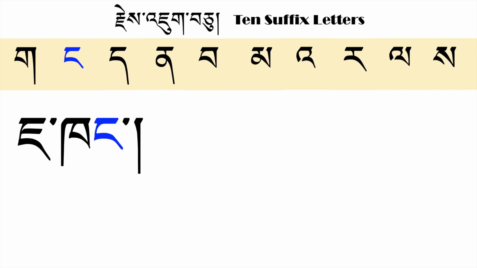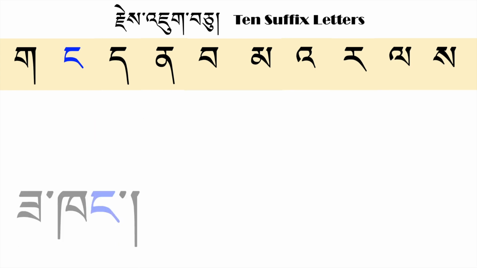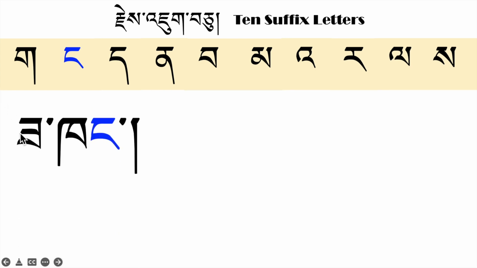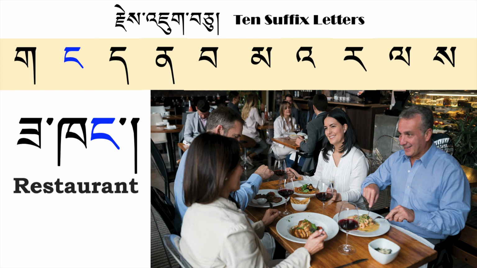Next one is ja, ka, nga, kang: jakang. Jakang means tea shop. Next one, sakang. Sakang means restaurant.